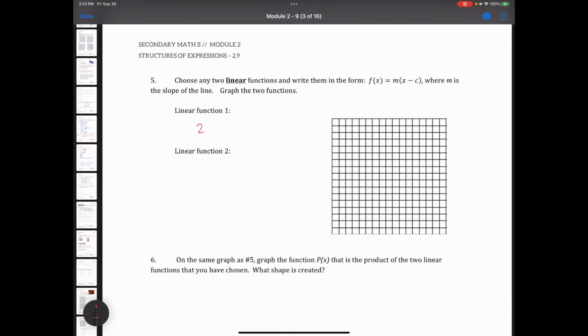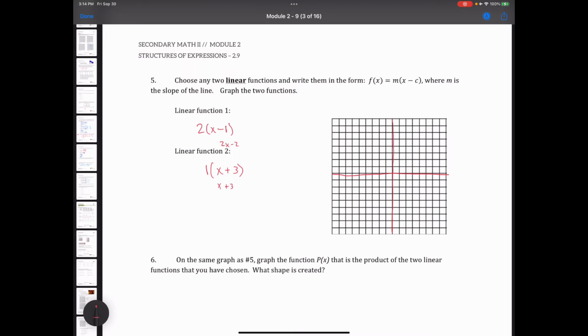Okay, so here are the two functions I'm going to select. It'll be 2 times x minus 1, and let's do 1 times x plus 3. And I'm going to go ahead and graph those right over here on this coordinate plane. If I were to put this in slope-intercept form, this would be 2x minus 2, and this would be x plus 3.